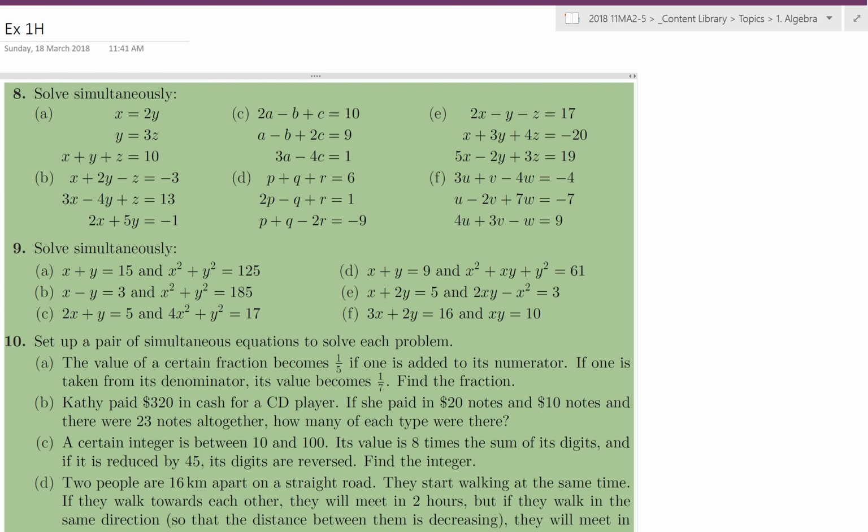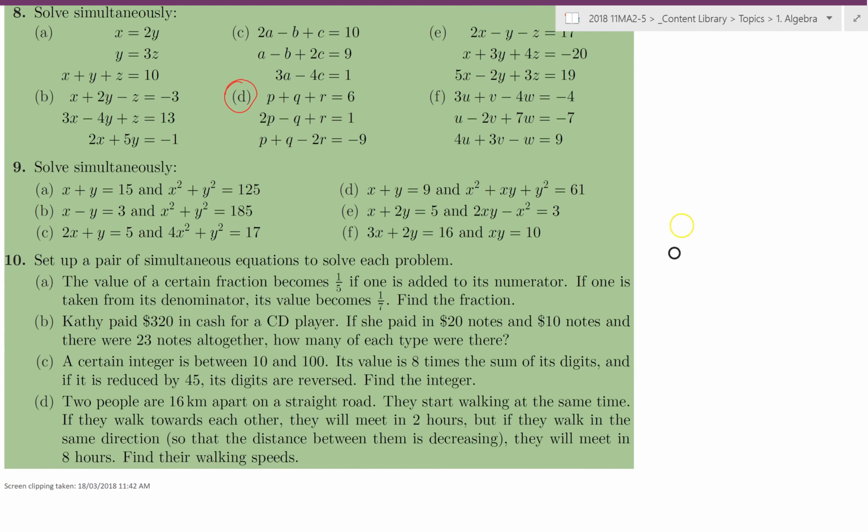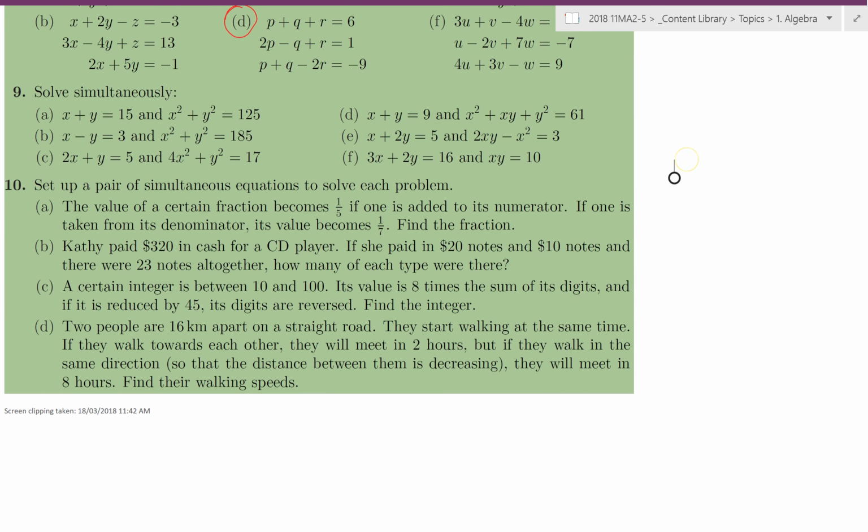So we have looked at plenty of simultaneous equations, systems of two variables. Let's have a look here at some with three variables, and I want to look at a slightly unusual, slightly unorthodox way of doing 8D. Now, I'm going to have to rewrite some of this. 8D: we have P plus Q plus R equals 6, and I'm going to call that number 1.